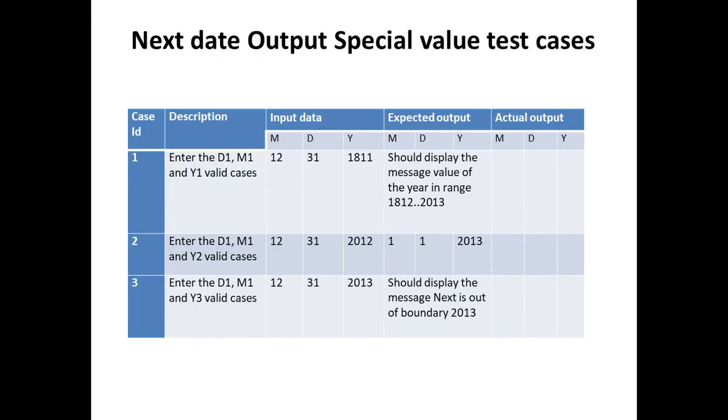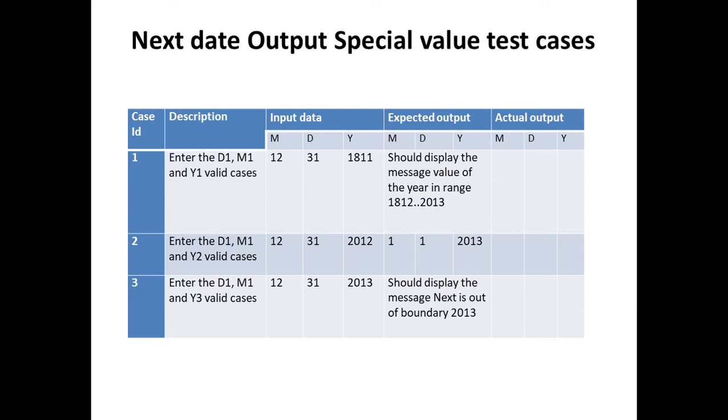Next, go to the special value test cases. So what are these special value test cases? Enter the D1, M1 and Y1 valid cases. Now for month you can give 12, for date 31, and for year 1811. In reality, yes, that year exists.